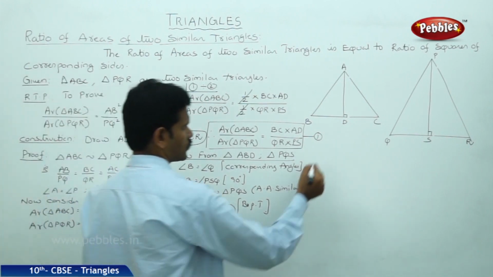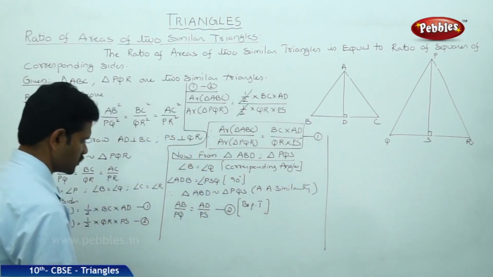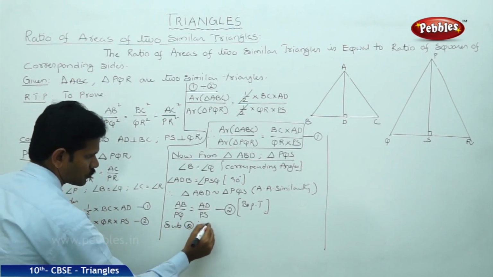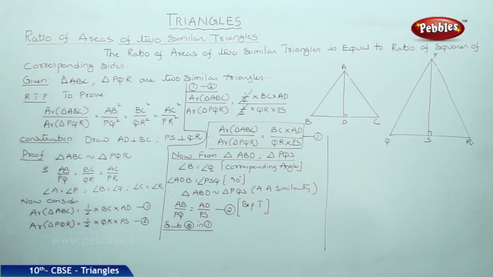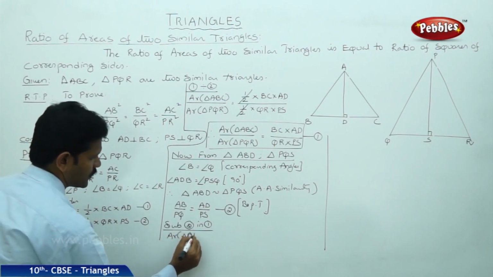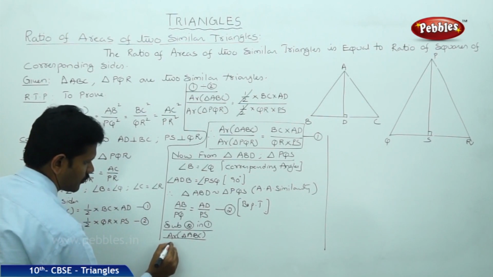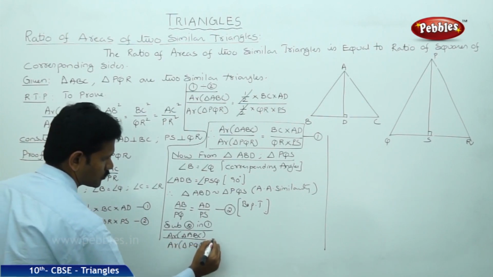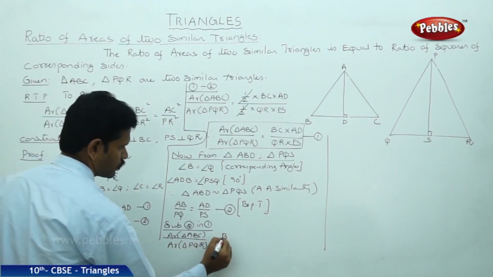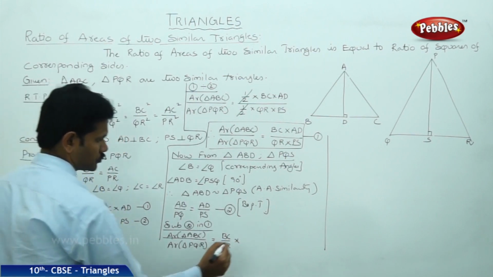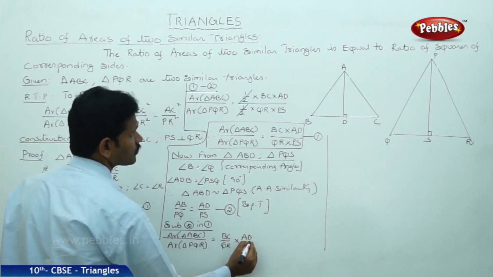Now substitute equation 4 in equation 3. That is, area of triangle ABC by area of triangle PQR is equal to BC by QR into AD by PS.